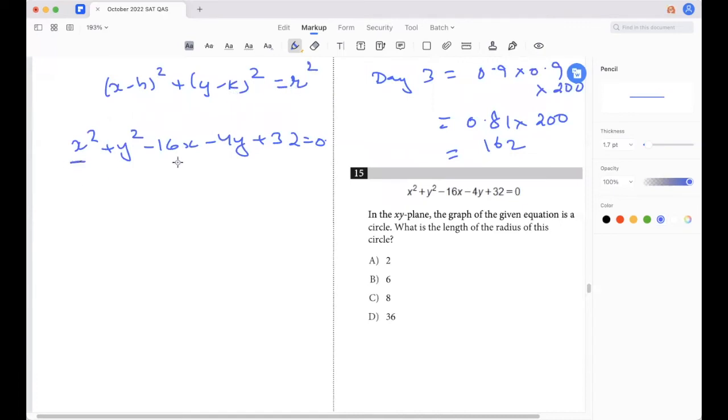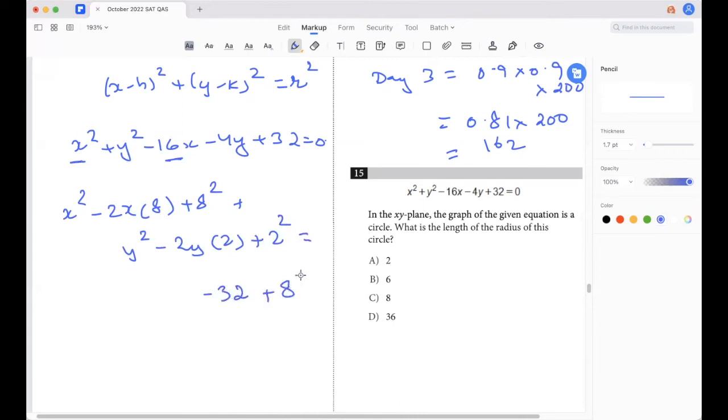So x square and minus 16x. So we can write it as 2x into 8. So we'll add the square of 8. And y square minus 2y into 2. So we add the square of 2. And we take 32 to the right hand side. It becomes minus 32. And we add 8 square and 2 square to the right hand side because we have added them to the left hand side.